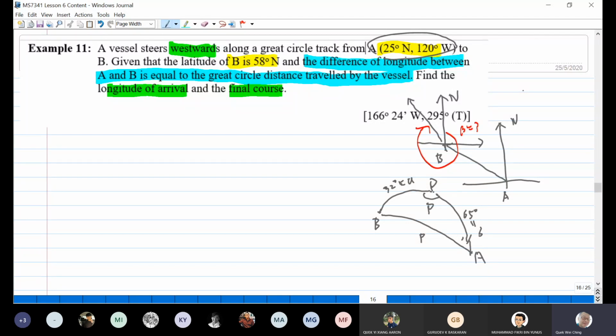So using the law of cosine, we can write down cosine of side P is equal to cosine A cosine B plus sine A sine B cosine capital P. But we know capital P and small p are the same, so we can change it to capital P now. It's the same.